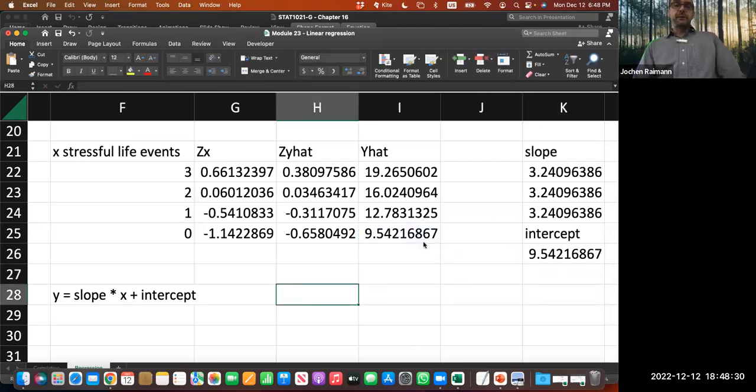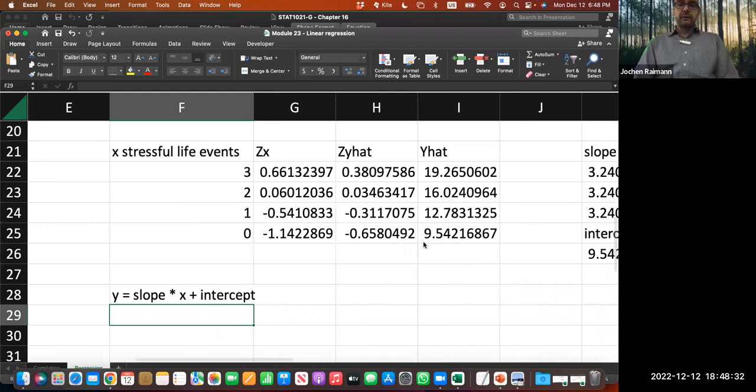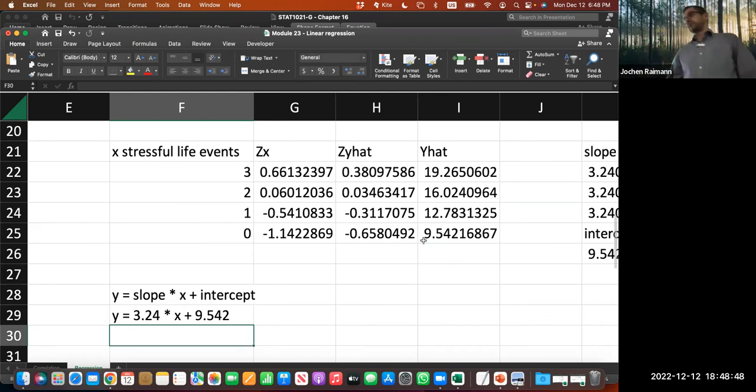So that gives us now a regression function of y, dependent variable, equals 3.24 multiplied by x plus 9.542. Makes sense, right? It's not too complicated.